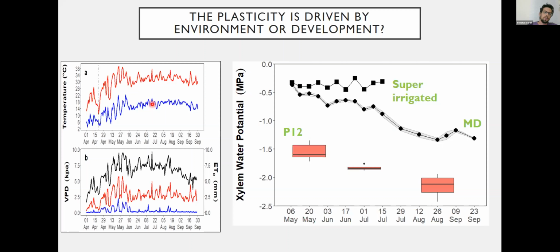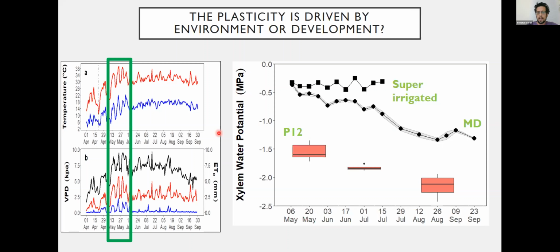And as you can see, the temperature, the VPD, and the evapotranspiration were at their highest values in May. This is very typical to Israel. We had here in the beginning of the season a couple of heat waves.